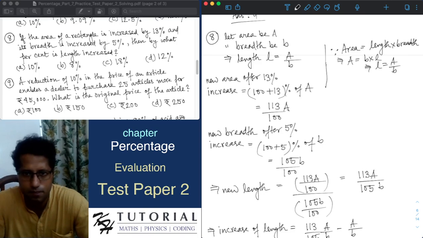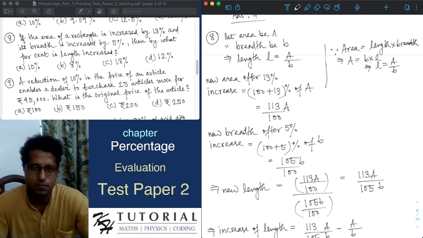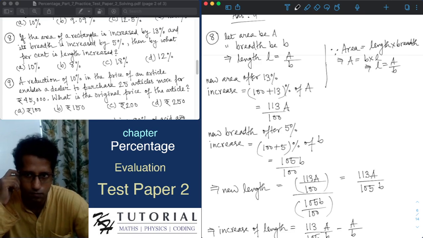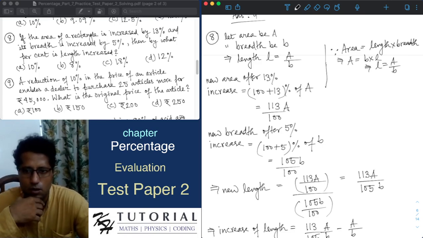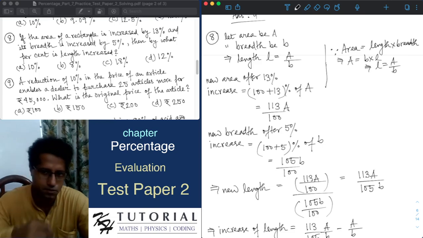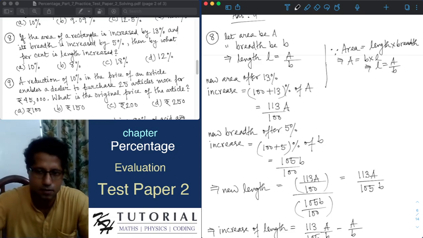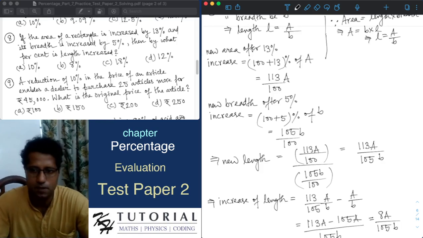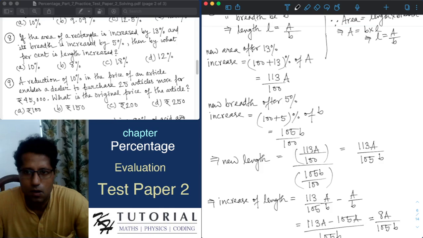A by B. Okay. Now the new area, after 13% increase, should be 100 plus 13% of A. Originally the area was A, so the new area after 13% increase should be 113% of A, which is 113 by 100 of A. Now the new breadth after 5% increase should be 105 by 100 into B. Now we got the new area and the new breadth.